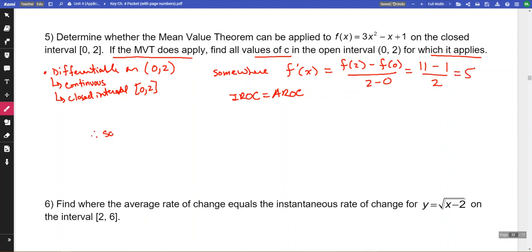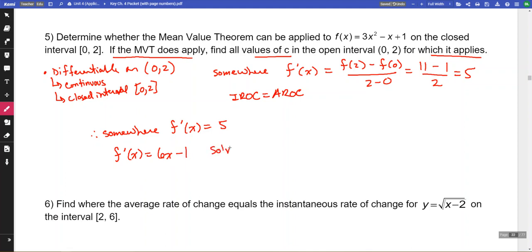So therefore, somewhere f prime of x is going to be equal to 5. So in other words, we need to find f prime of x, right? Well, f prime of x is going to be equal to 6x minus 1.